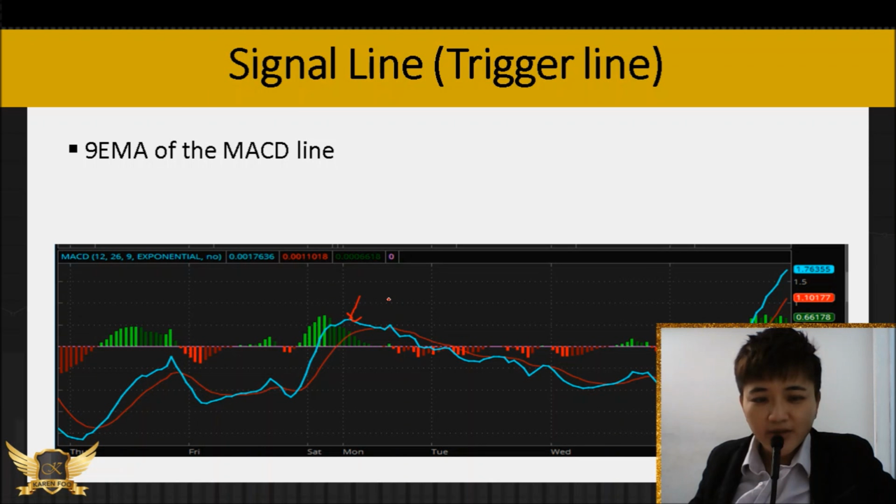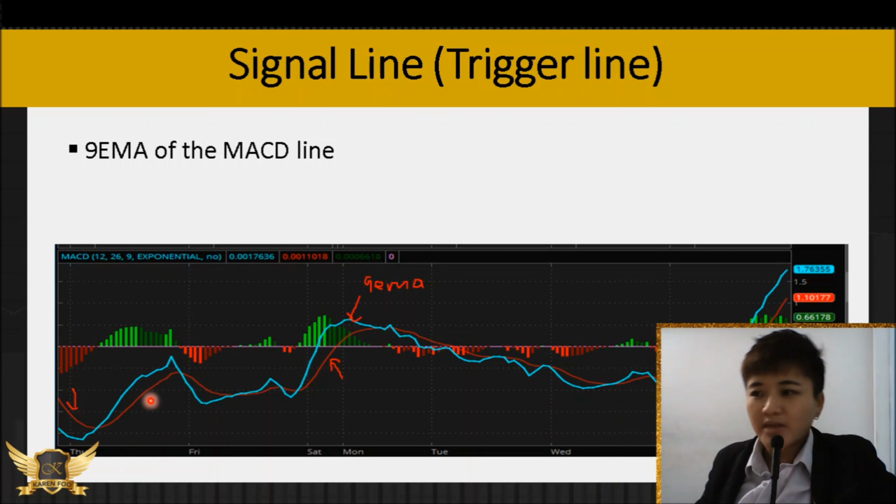So essentially you're just taking the 9 exponential moving average of this blue line to form your signal line, which is your red line. So you get a line that's a lot smoother as compared to the MACD line. In other words, it gives you a more accurate line as compared to your MACD line.